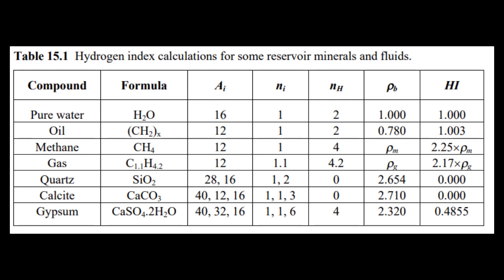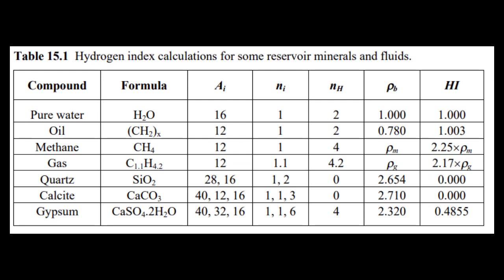In the case of minerals, for example quartz and calcite, we can see in the table that the hydrogen index is equal to 0, because in the formulas of quartz and calcite, SiO2 and CaCO3, we have no hydrogen in the matrix structure. So the clean mineral matrix is not contributing to the neutron hydrogen response.